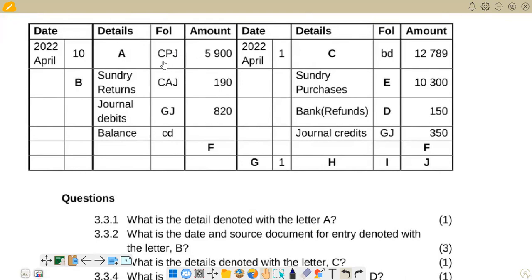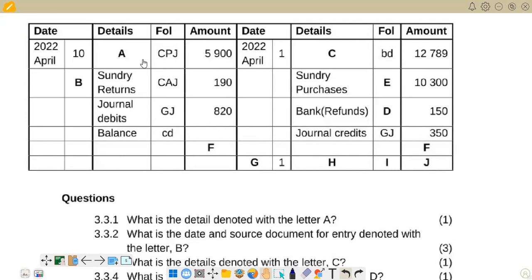So we see that A, this is a creditors control. So when we buy goods on credit, we put them on the credit side. So when we have something on the debit and it's for cash payment journal, it means we are now paying for the goods that we bought. So this one, we pay this amount using bank.